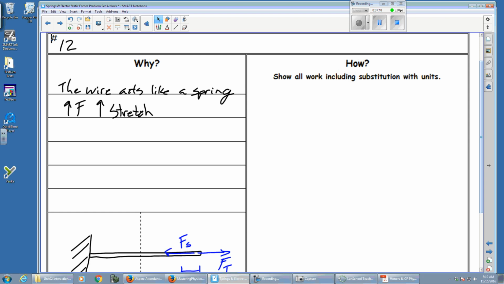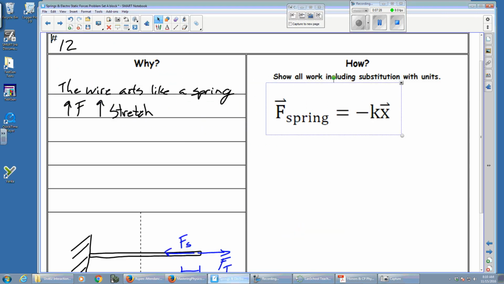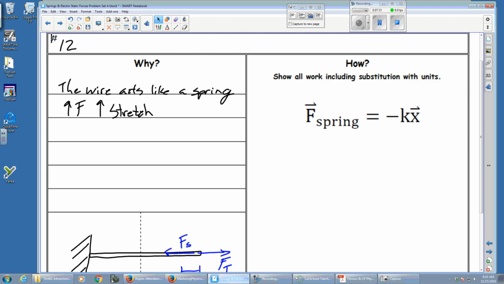So from our equation sheet, where's our equation? There it is. We need the good old spring equation right there. What does the negative in that equation indicate? Opposite direction, right? So I'm not really worried about the direction in this one.